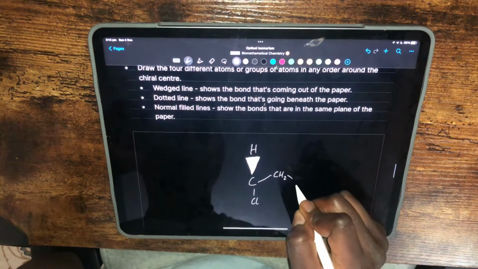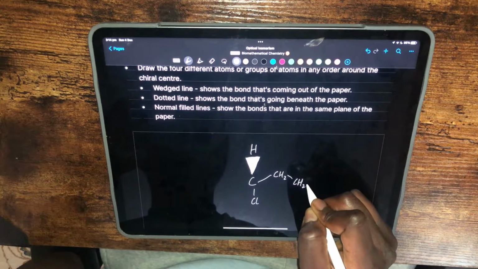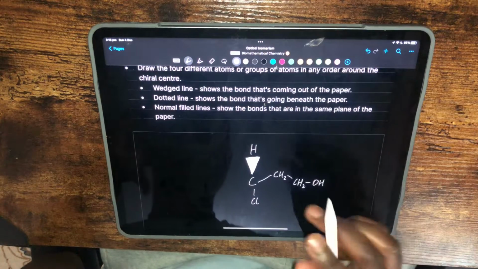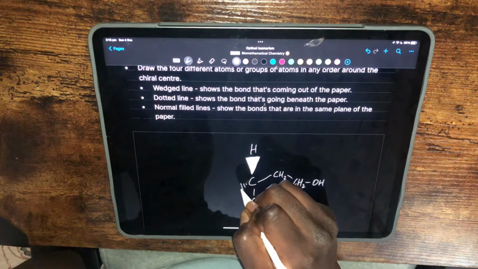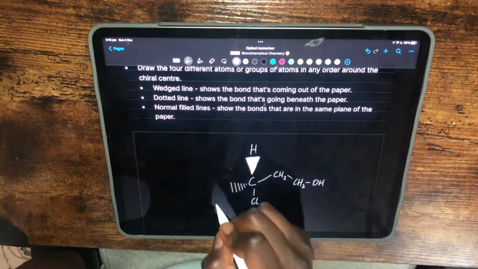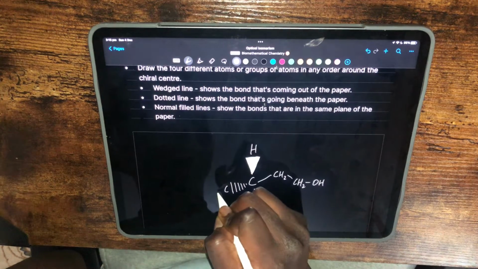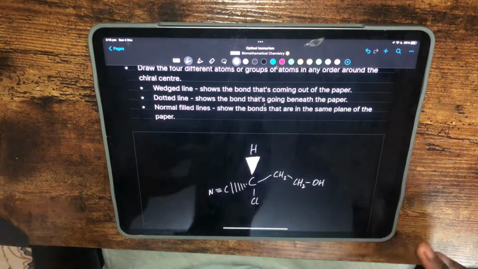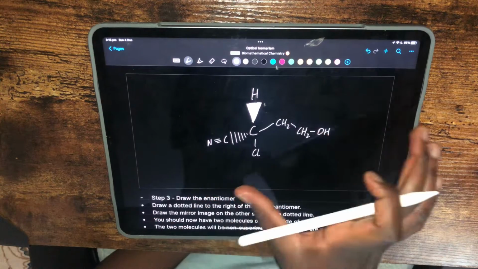And then this would be CH2OH. And now I've decided to have one group here, and this is going below the plane. And this is my cyanide group. Now I've done it here so you can all clearly see it.